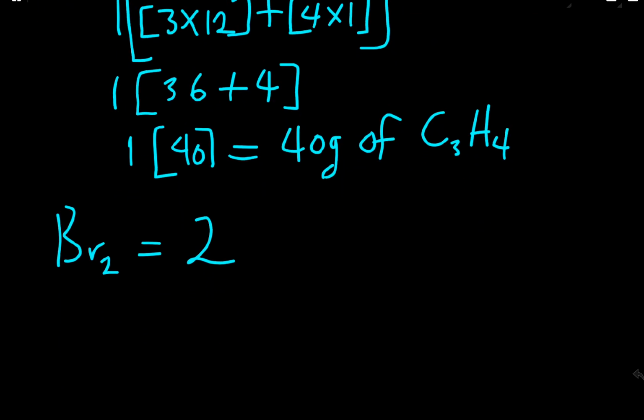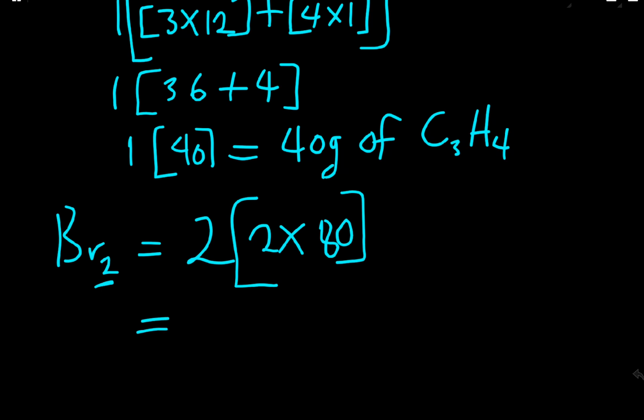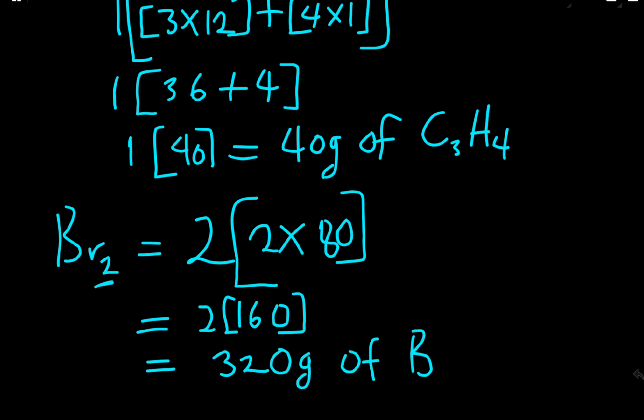So we say 2 in bracket, 2 times the atomic mass of bromine, which is 80. 2 times 80 first, we get 160. So 2 outside 160, and 2 times 160 will arrive at 320 grams of bromine.